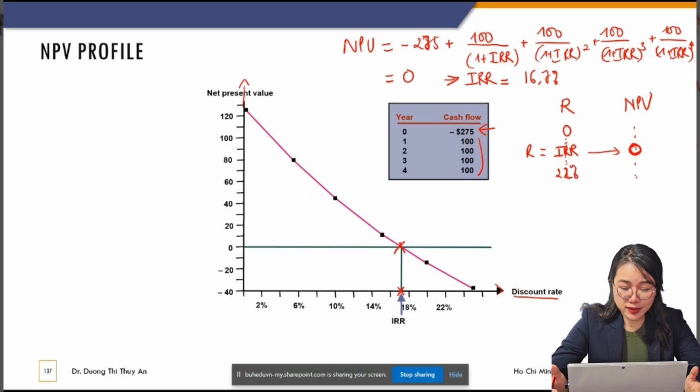So in order to accept the project, remember the NPV has to be greater than 0, right?